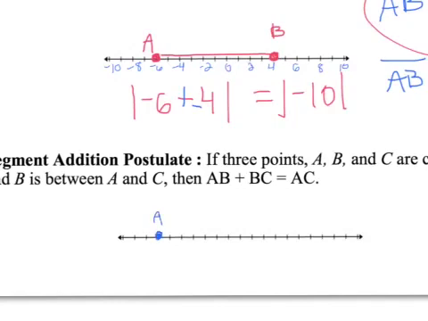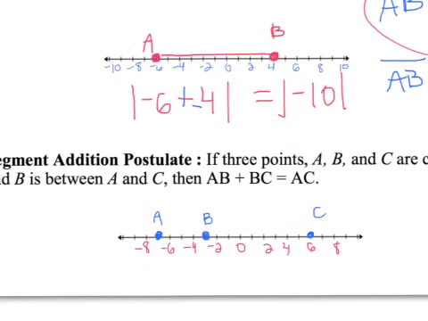A, B is between A and C, so that's B, and here we have C. -2, -4, -6, -8, 2, 4, 6, 8. So we can see that B lies on -3, A lies on -7, and C lies on 6.